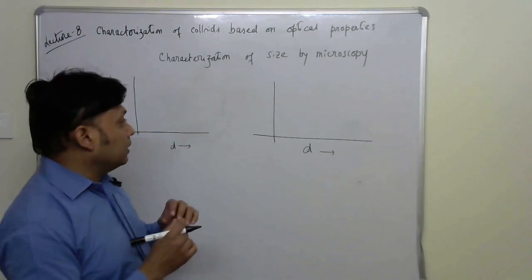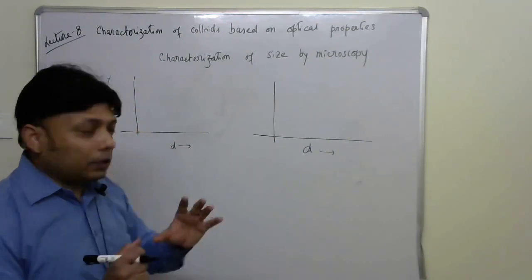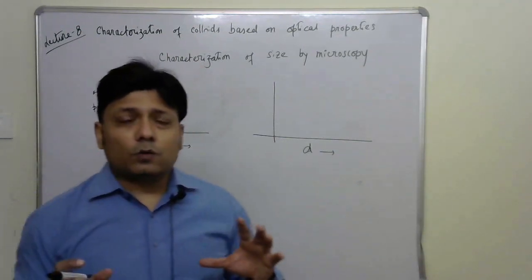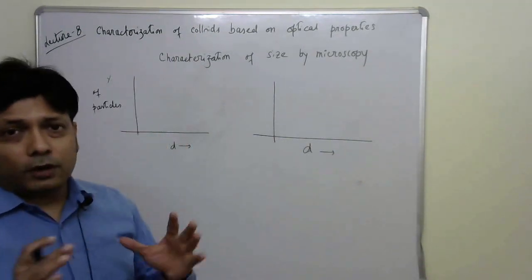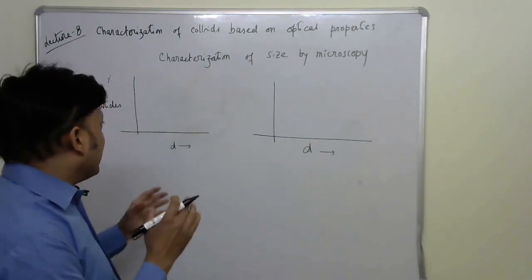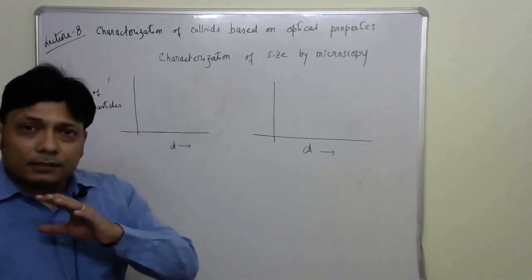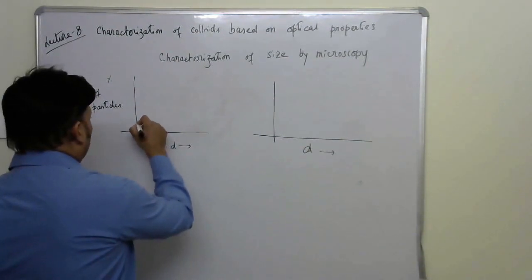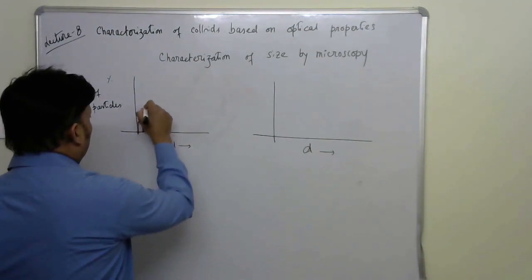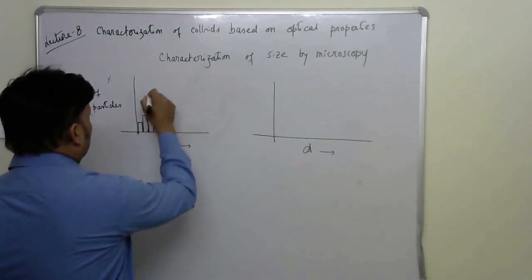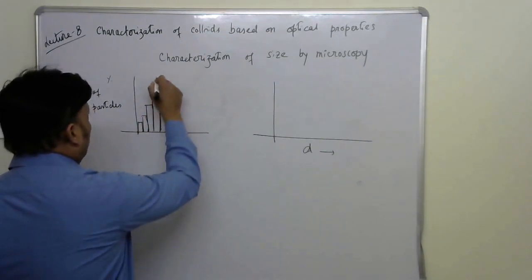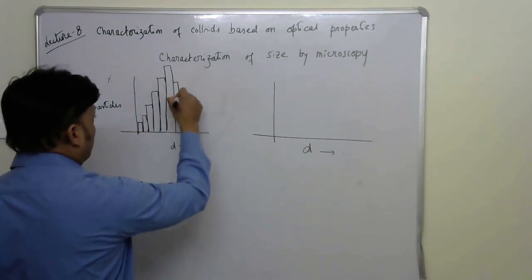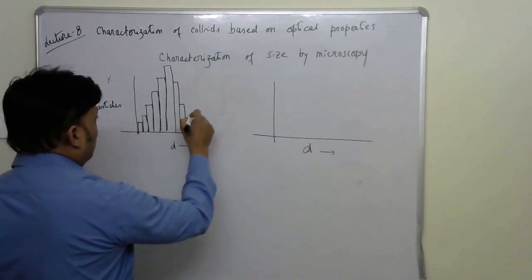Suppose we are expecting a particle with a diameter around, say, 300 nanometers, but we can get as low as 100 nanometer and as high as 600 nanometer. Therefore, we can have a distribution of particles according to their diameters. This kind of distribution is also called a histogram or a size histogram plot.